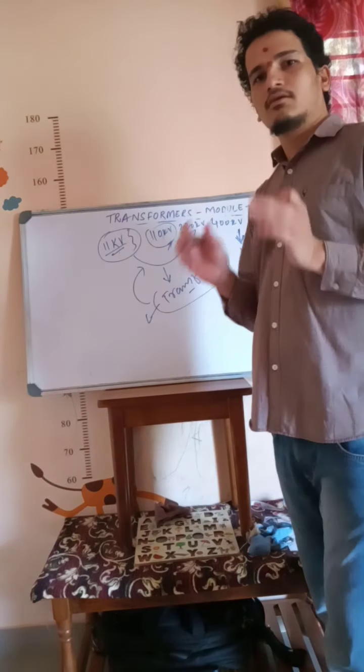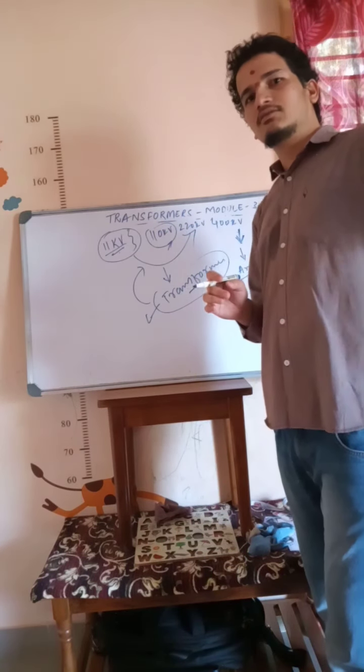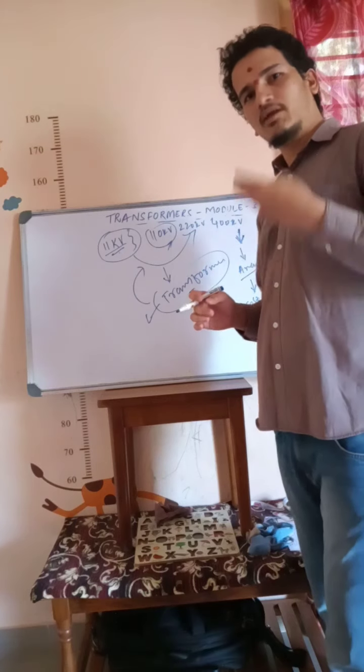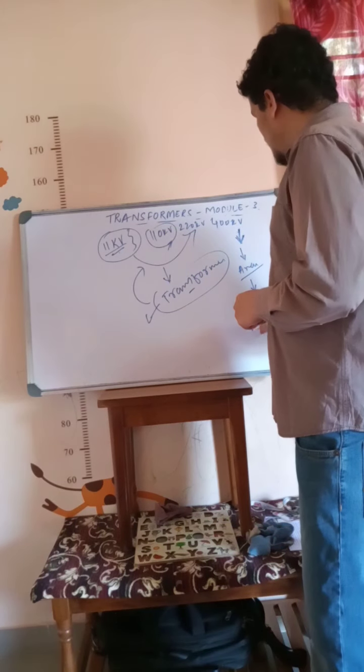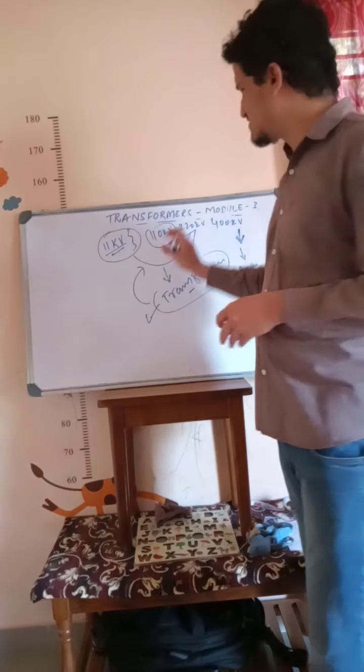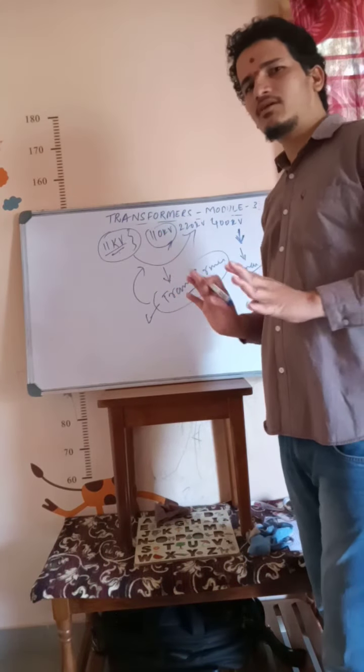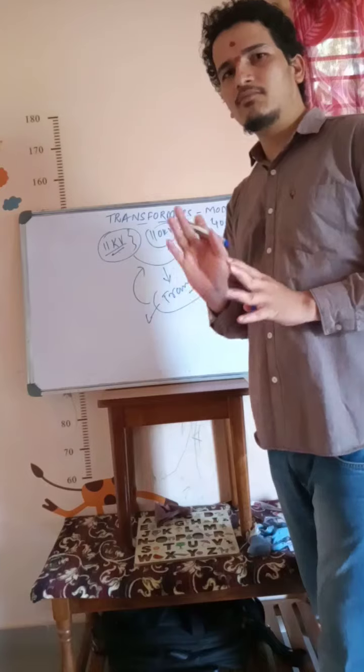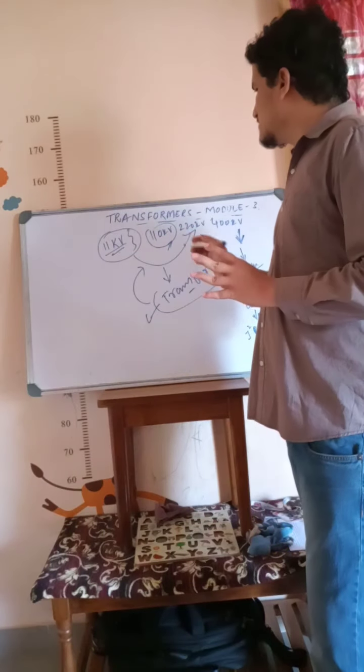The size of the conductor reduces for transmitting very bulk power, and it also reduces the losses. I square R losses are reduced, efficiency increases. That's the reason. This is not for your syllabus, just if anyone may ask you, that's why I am telling.